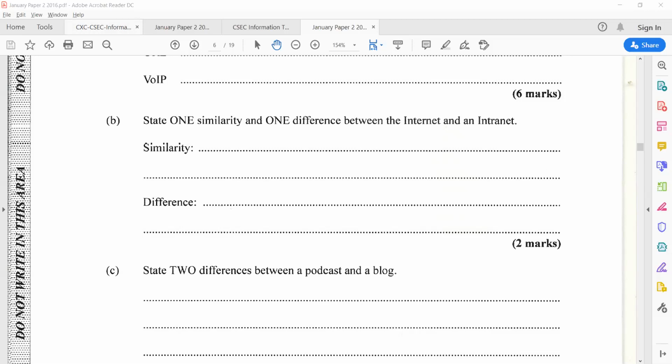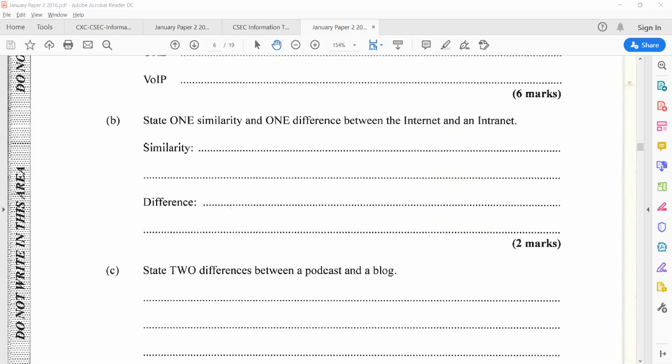Unlimited, yes, or it could be said the other way: with the intranet, there's a limit to the amount of information you can access. So that's the difference. Also a difference is the intranet is a private network, and the internet is a public network.